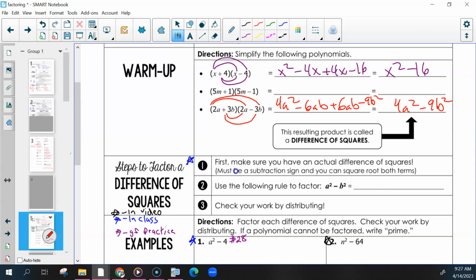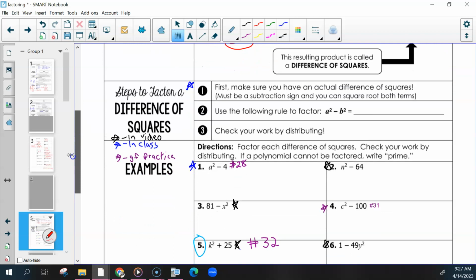Or the variables are perfect square terms, something that is even. Then you're going to use the following rule. You're going to have two sets of factors in parentheses. And this is a general case, but we'll use this one too.